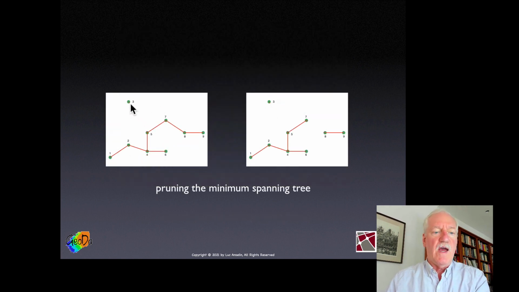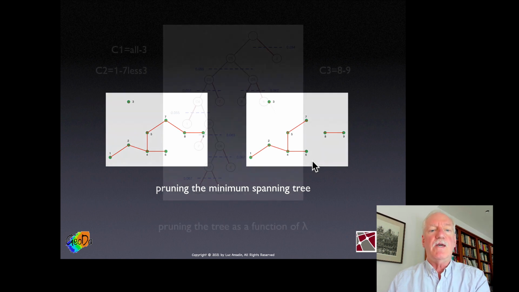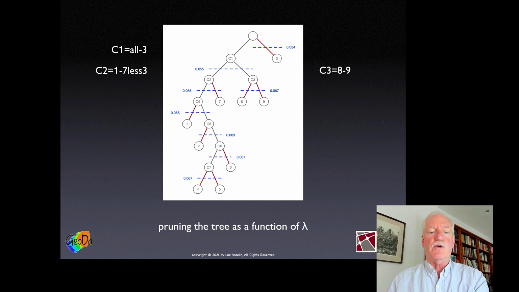So now we have here initially our singleton, and then this cluster of 6 points, and then this cluster of 2 points, and we keep cutting and cutting and cutting, and we can represent this as a tree structure. So this is the tree structure that corresponds to the pruning, cutting off branches of the initial minimum spanning tree.